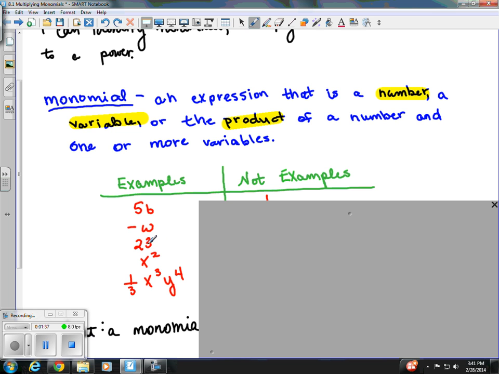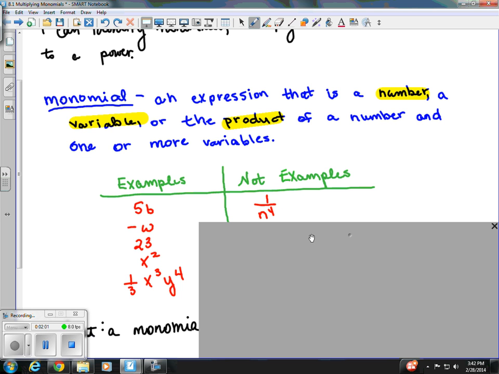We have 23, because it's allowed to be just a number. x squared, because we're allowed to have a variable with any exponent. And our last one, 1/3 x to the third y to the fourth. That's because 1/3 and x cubed and y to the fourth are all side by side, meaning they're being multiplied.